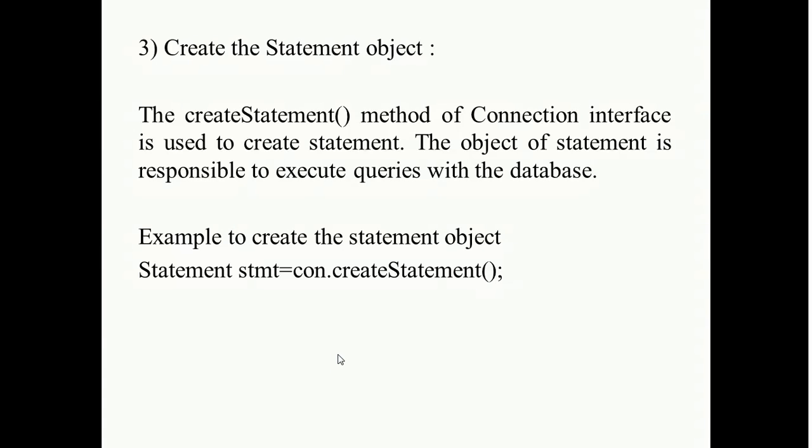So createStatement creates the SQL queries that are implemented in the program. If you want to insert a table in the database or delete some record in the database or update a record in the database, this type of query is implemented in the program by using the createStatement method.